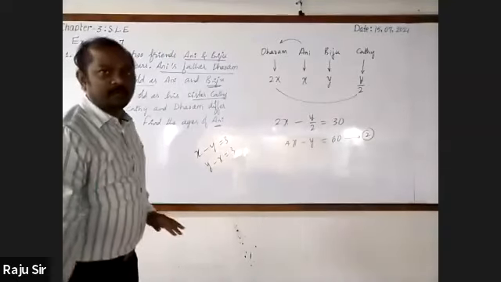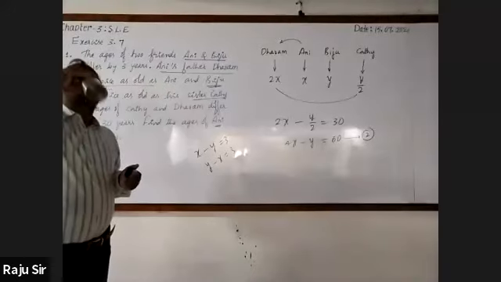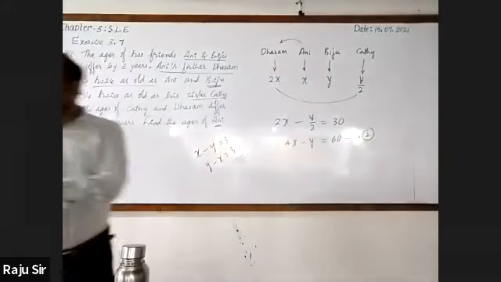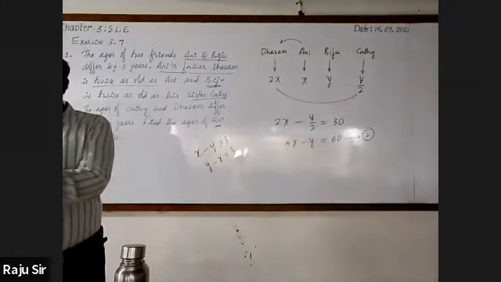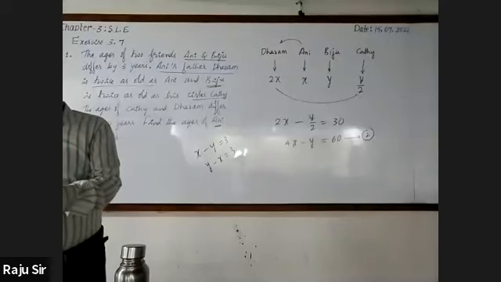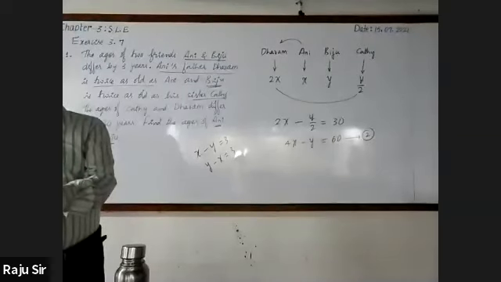Then let's go for finding. Sir, Ani's age is 19 years and Biju's age is 16 years. One minute, I'll check it. How much is it? Ani's age is 19 years and Biju's age is 16 years.